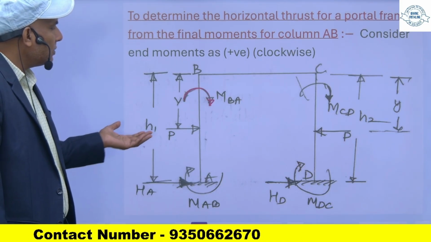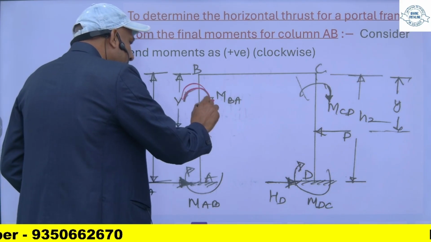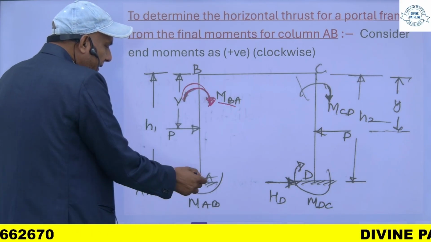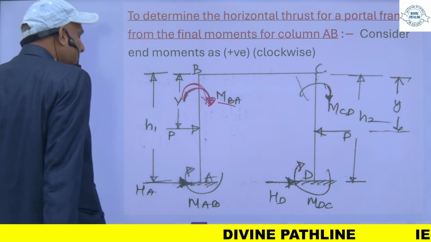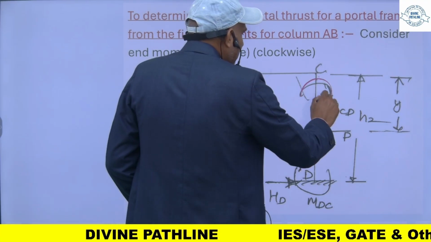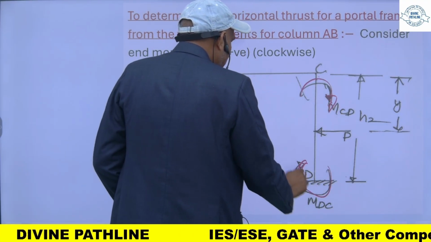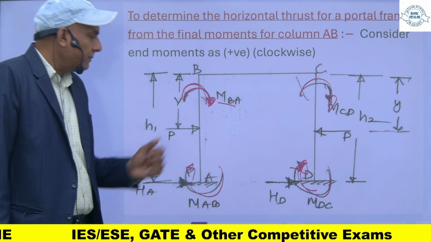You assume this is a clockwise MBA, this is BA and CD. So you assume this clockwise. This also you can assume clockwise. This also clockwise. This also clockwise. You assume all the moments clockwise, as clockwise moment is positive.